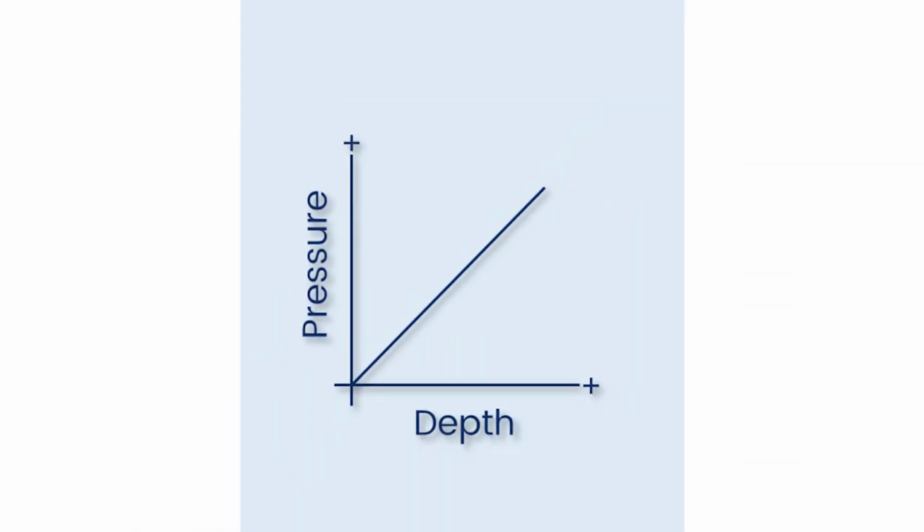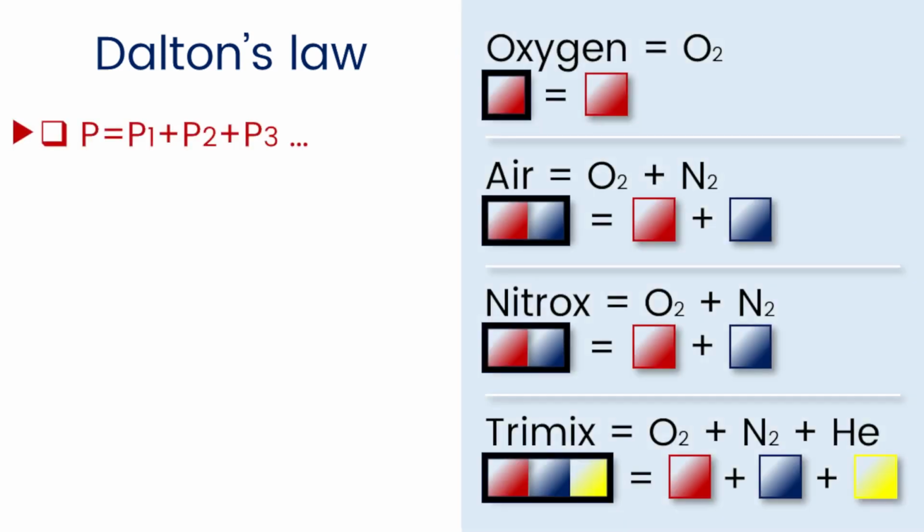Now finally, back to our laws, and in some way also to the just mentioned diver's breathing, is Dalton's law. Dalton's law has a strict correlation with depth and relative pressure variation, and it affirms that in a given gas, which might be composed of one or more gases, each single gas exerts its own pressure, and the sum of each of these pressures makes the total pressure of the given gas.